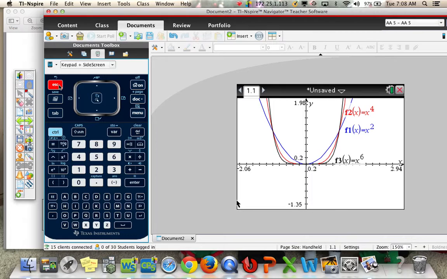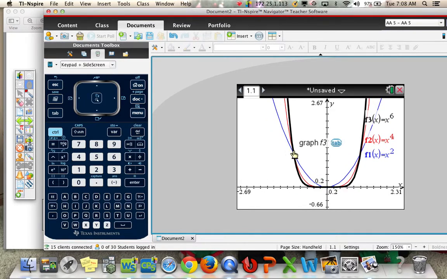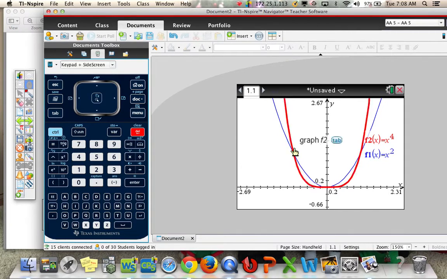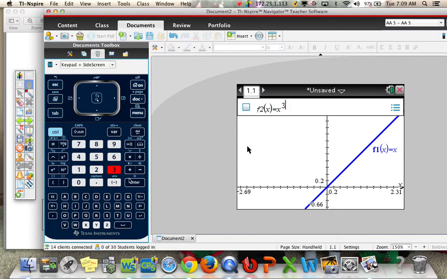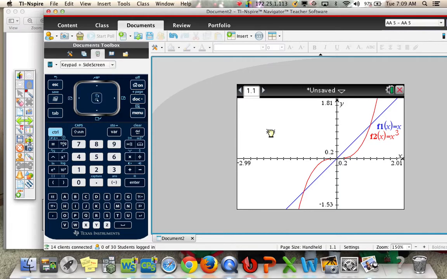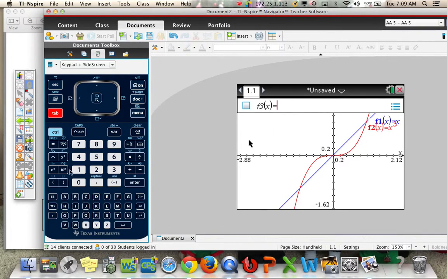All right, let's look at odd functions then. I'm going to erase these. Odd functions would be like x to the third. Well, here's x, y equals x. Let's do x to the third. Let's do x to the fifth.